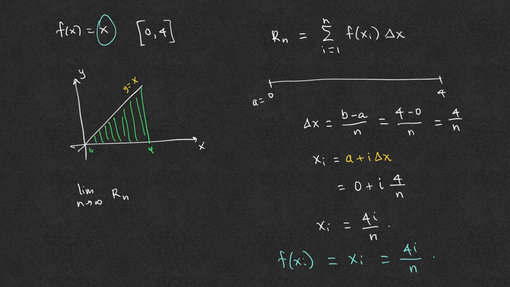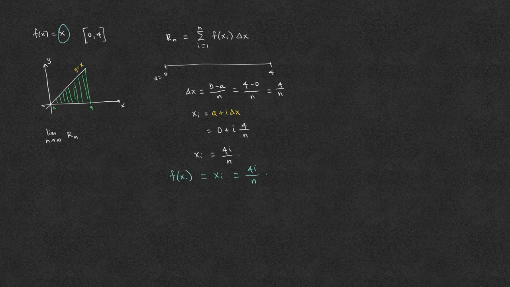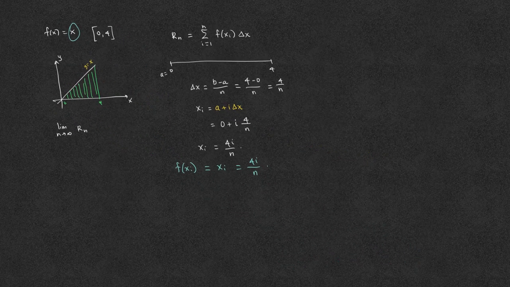We can then set up the Riemann sum for the right endpoints. And this is the sum as i goes from 1 to n. f of x sub i is 4i over n, and delta x is 4 over n.